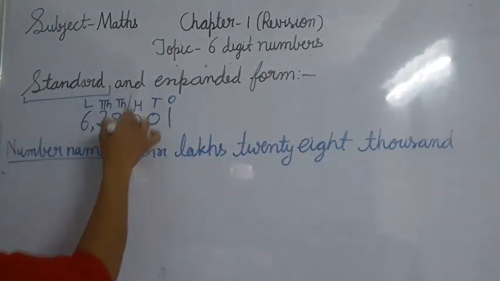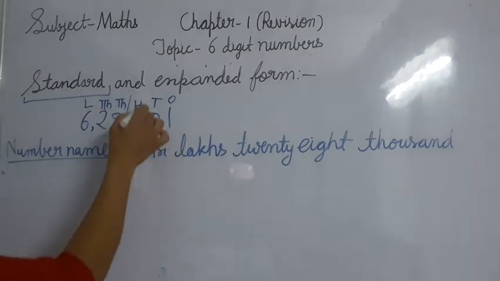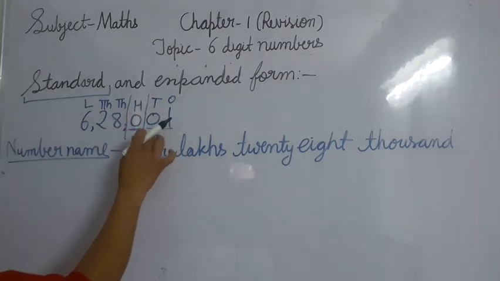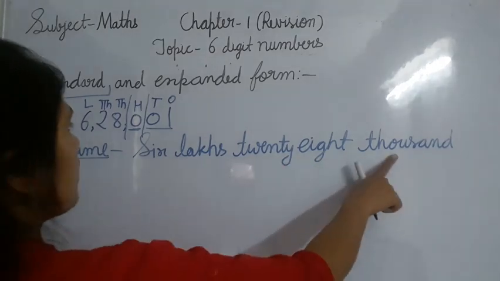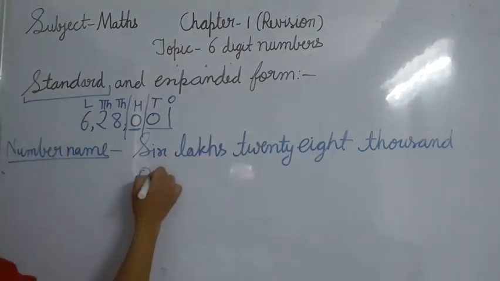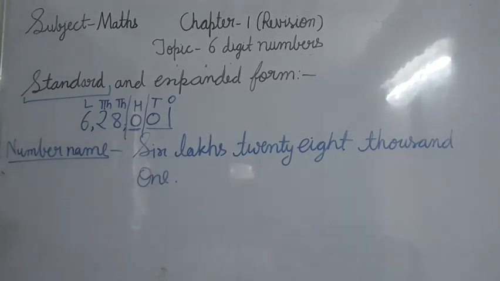Now here nothing is there, 0 on the 100 place, and if we read these together it's one number only. So 6,28,001. Yes, this is the number name.